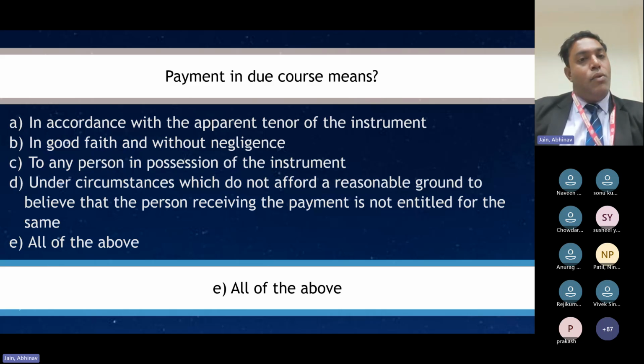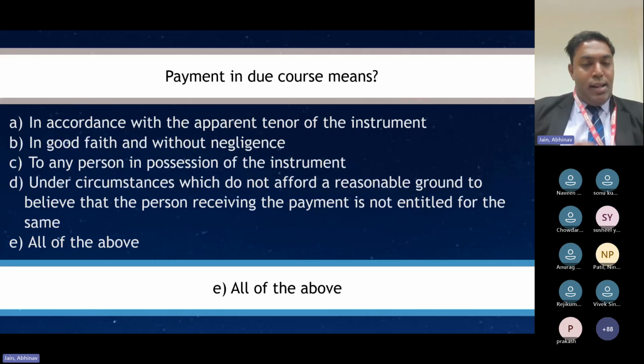So even if the payment is done in the apparent tenor of the instrument, in good faith, without negligence, if the payment is done to the person who is possessing the instrument, and in such circumstances, you are not having any reasonable ground to doubt any other person who is receiving the payment.